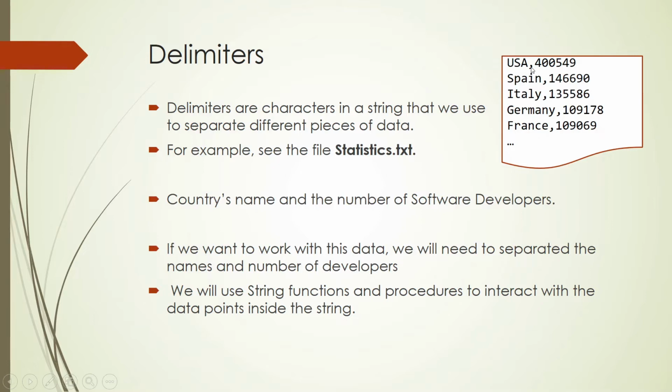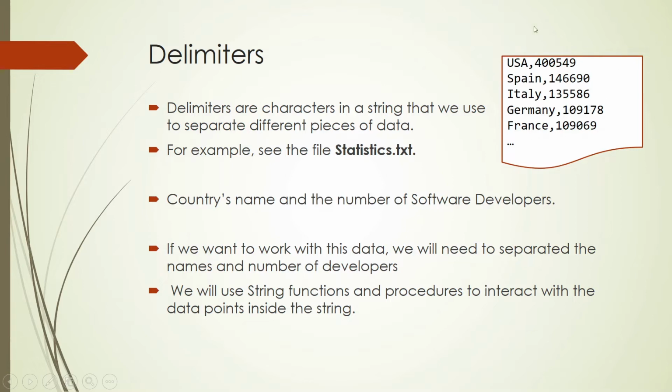Each comma indicates where a column will start and where a column will end. So again, delimiters are used to show the start and the end of individual pieces of data.